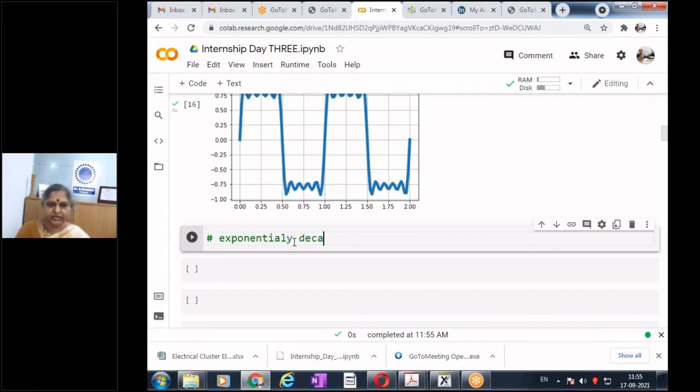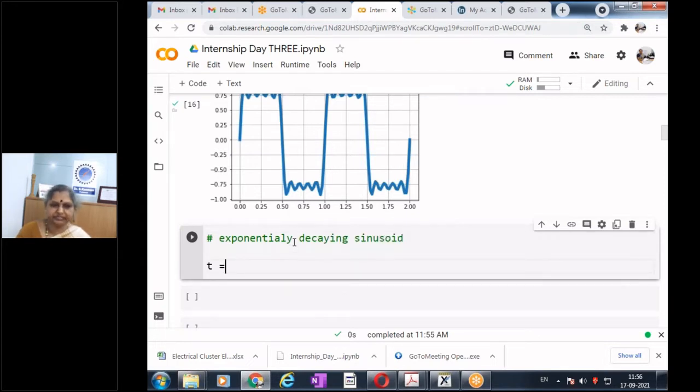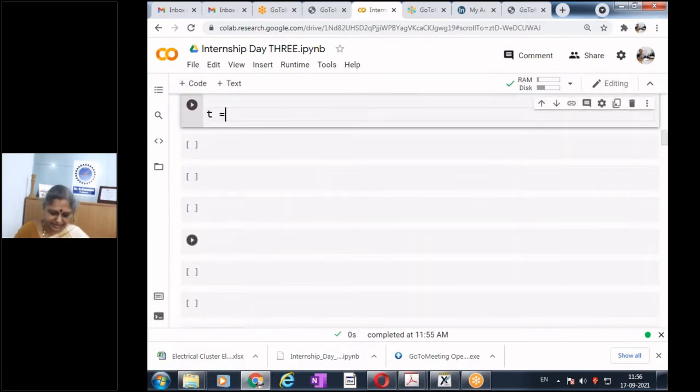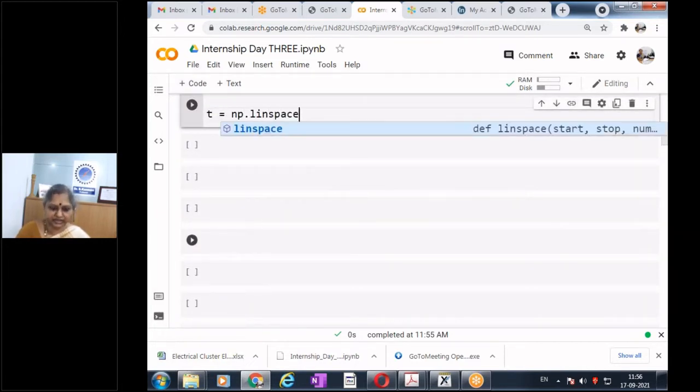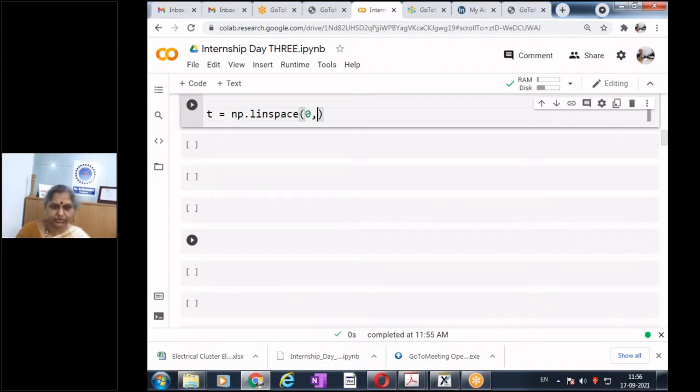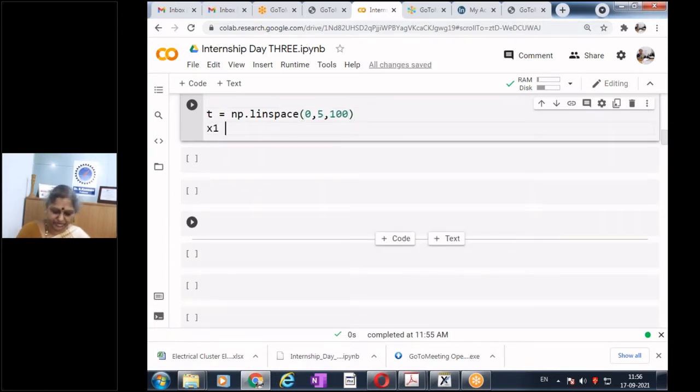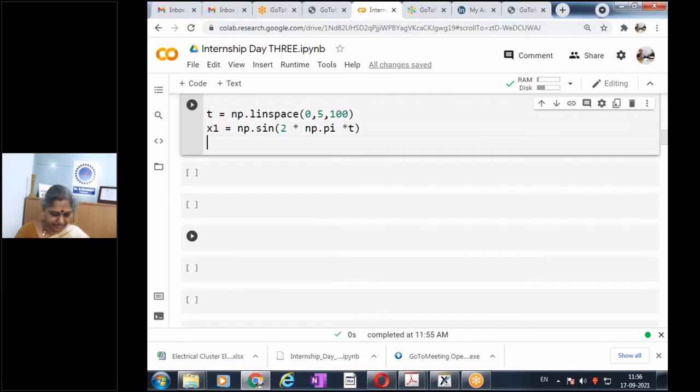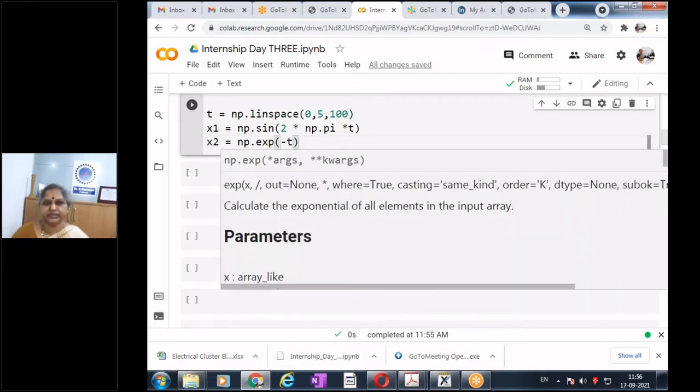Once again, define t as np.linspace(0, 5, 100), and let us say my x1 is np.sin(2*np.pi*t), and let us take x2 as np.exp(-t).